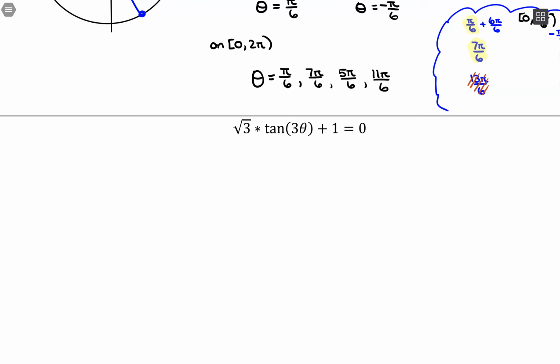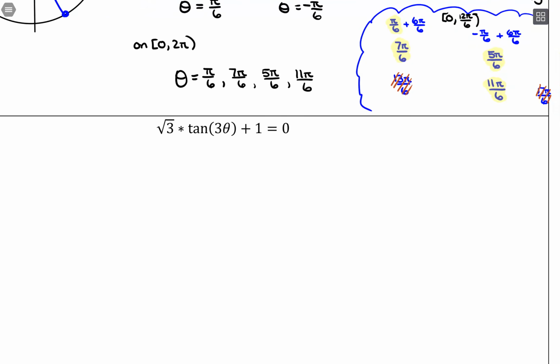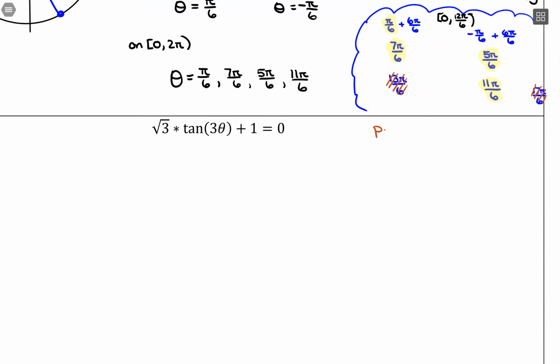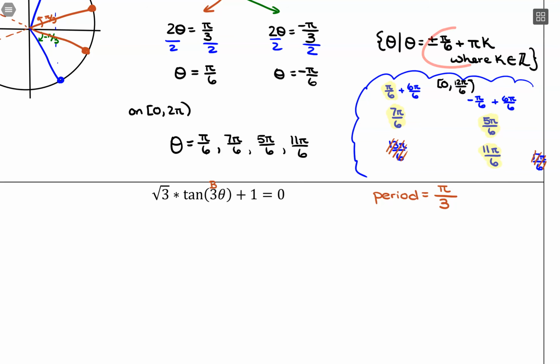So with this, let's start with the period because I noticed that 3 in there. With tangent, our period is usually pi, and I'm going to go pi divided by b, which is 3. So we're working with a period of pi over 3 here. I wrote that down, and I'm going to ignore it until I get to the part of making my formula.